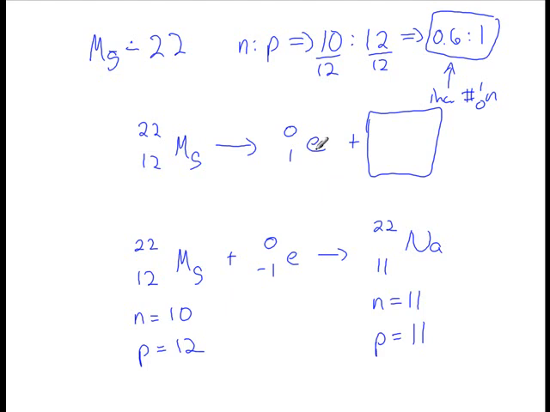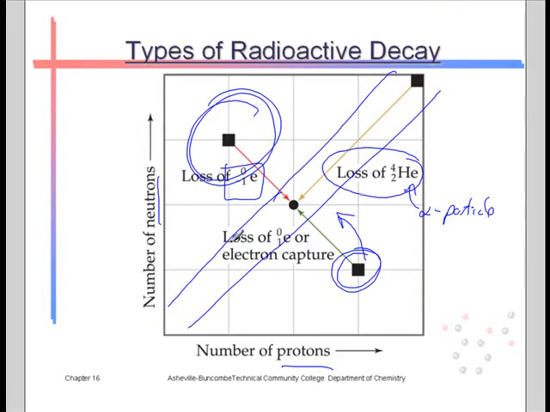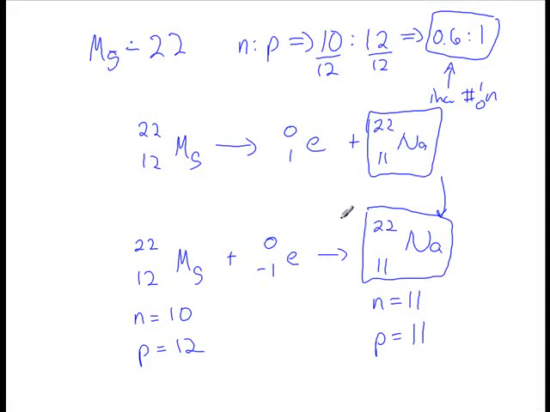Up here, if it kicked off a positron, it's the same kind of process. This would be 11 plus 1 equals 12, and notice that we come to the same isotope. These two are the same thing. That's why it says on that chart that either loss of a positron or electron capture can do the same thing in terms of shifting it back up toward the band of stability. And once we do that, the ratio is 1 to 1, which is what we want for those smaller isotopes.